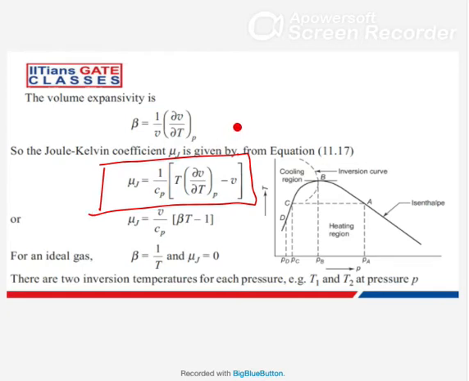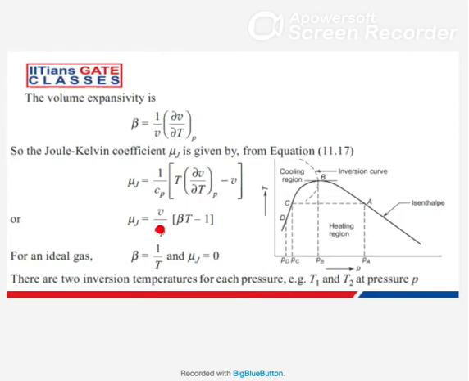In this mu j equation, this particular term is nothing but beta multiplied by dou V by dou T multiplied by P. Only the volume is also there, you can adjust, then you will get beta multiplied by volume. So you can replace this one with beta multiplied by volume and take volume constant.